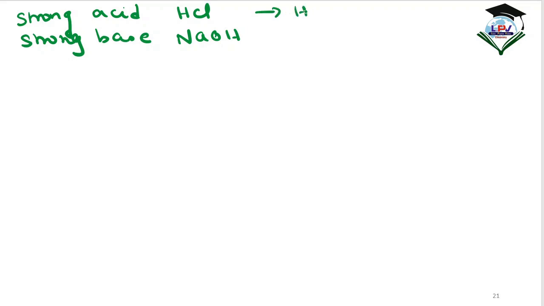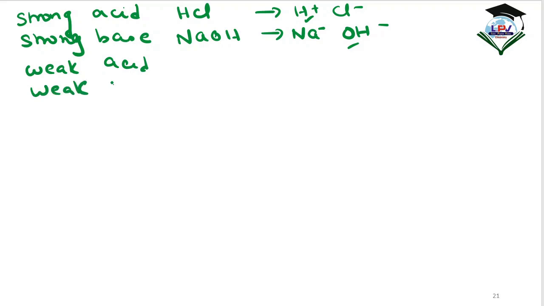It completely dissociates into its ions and you get more H plus in case of a strong acid. In case of a strong base, you get more OH minus ion. Now, what is a weak acid and a weak base? Because this is very important. Unless you have clarity on this, you cannot understand how a salt is formed.